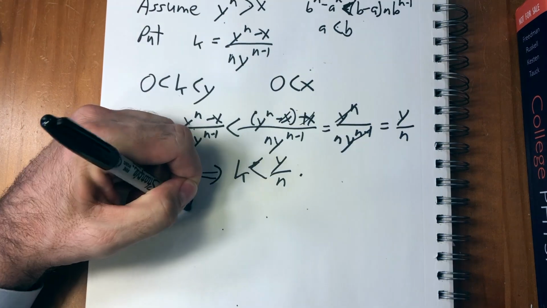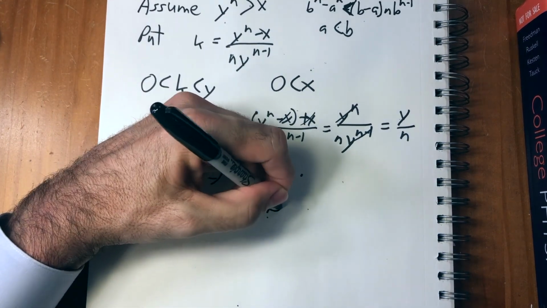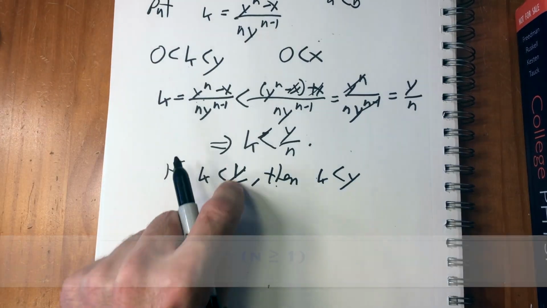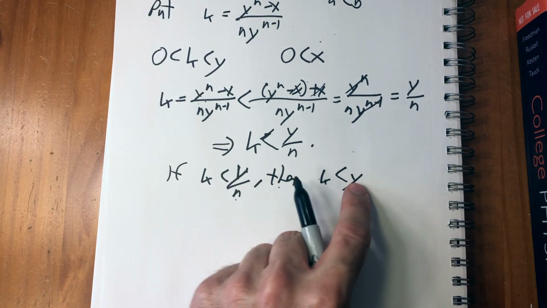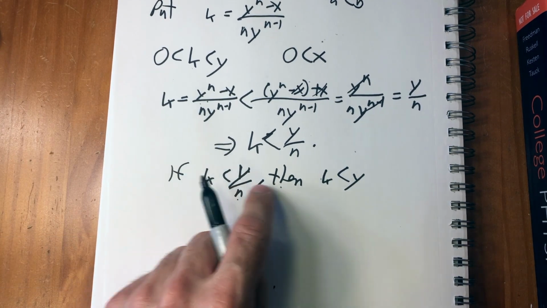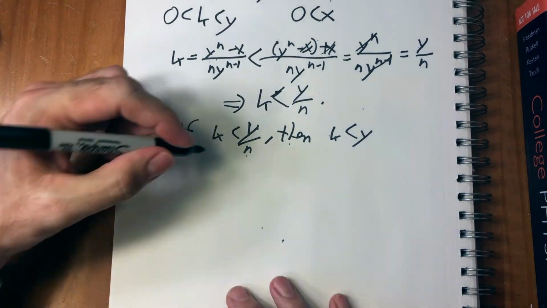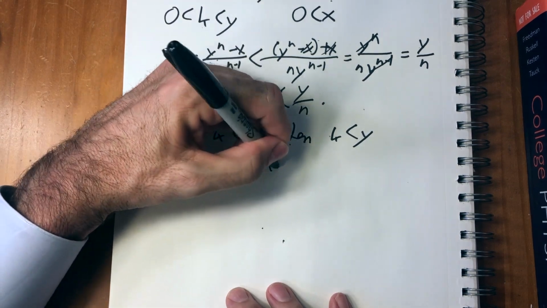So then n is also positive. So if k is less than y over n, then k is also less than y, because n is positive. So if you're dividing y, it's going to be smaller. If you multiply this by n, then y is going to be even bigger. So clearly it's going to be bigger than k. So 0 is less than k is less than y.